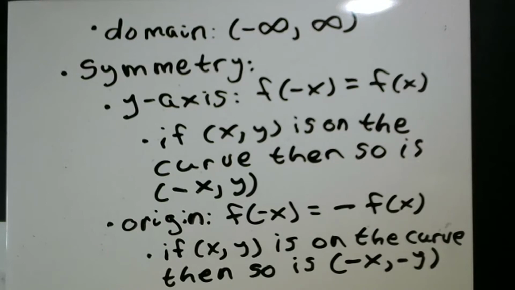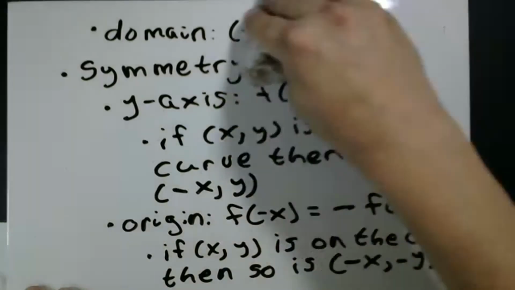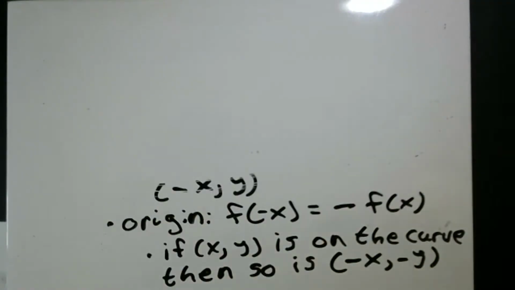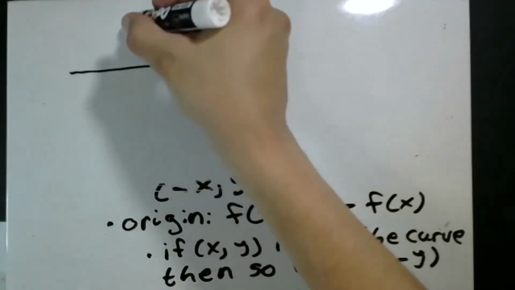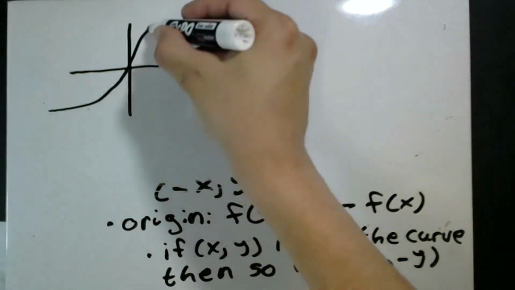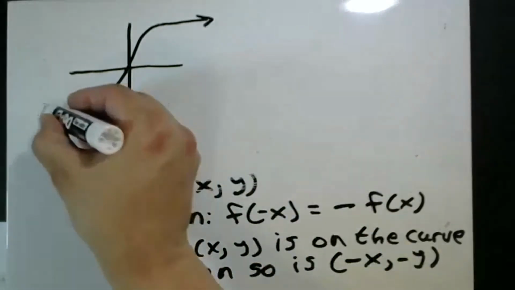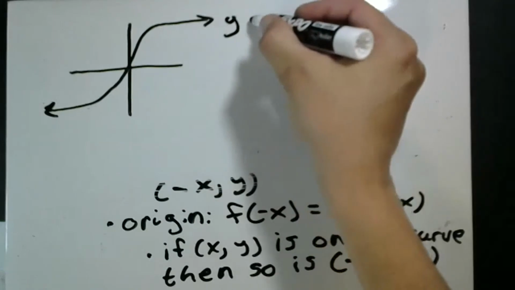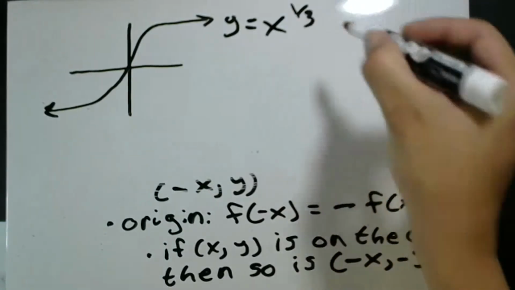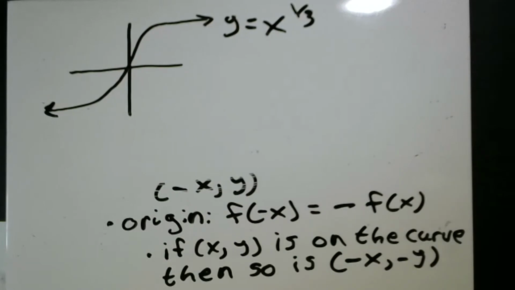A function that looks like it's symmetric about the origin is, if you take the function y equals x to the 1/3, that looks like something that's symmetric across the origin.